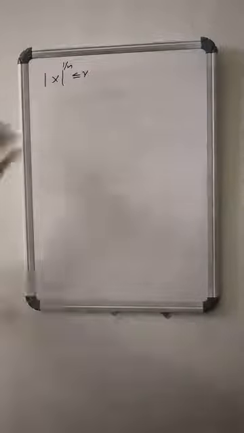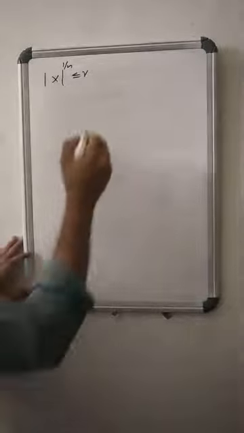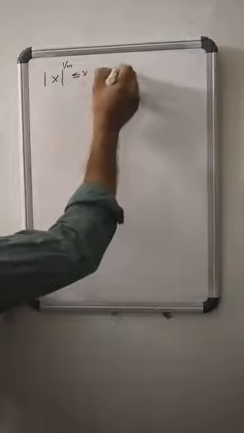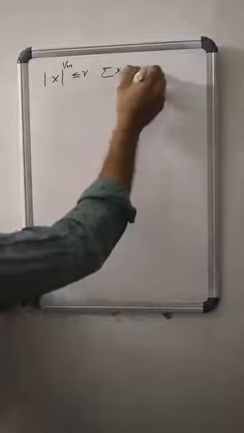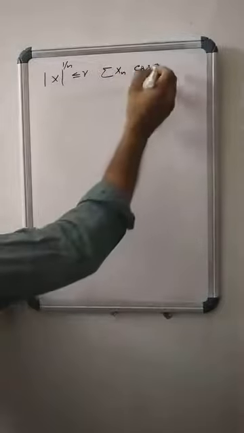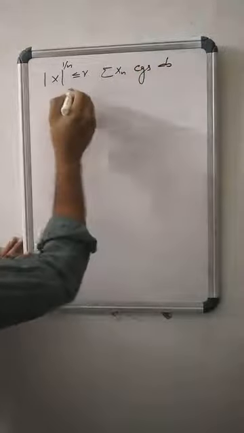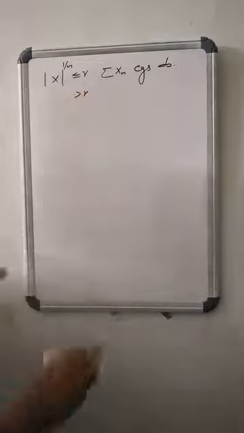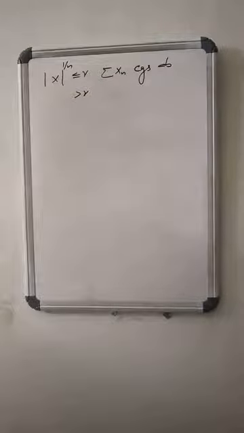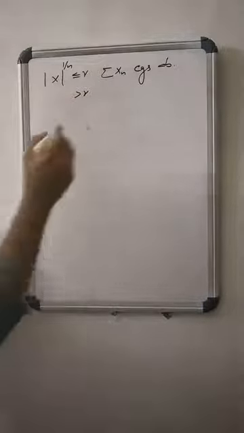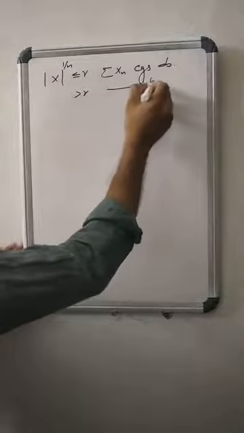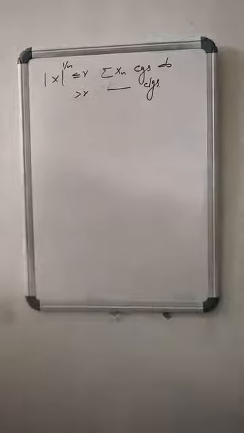If modulus of x_n power 1 by n is less than or equal to r, then the series sigma x_n converges absolutely. If it is greater than r, then sigma x_n diverges. That is the root test, and the proof is immediate.